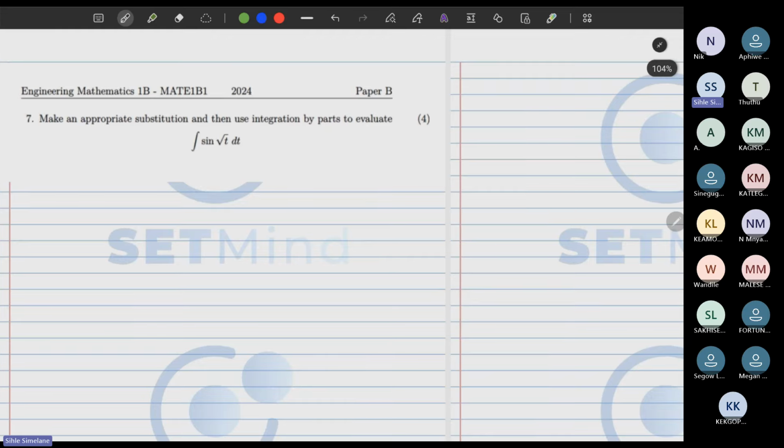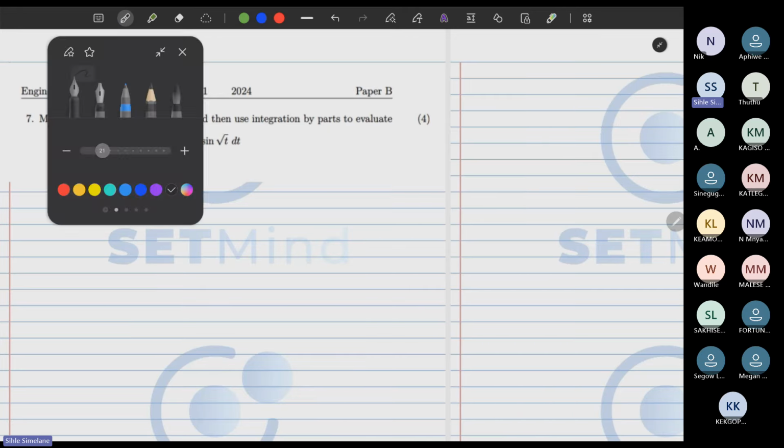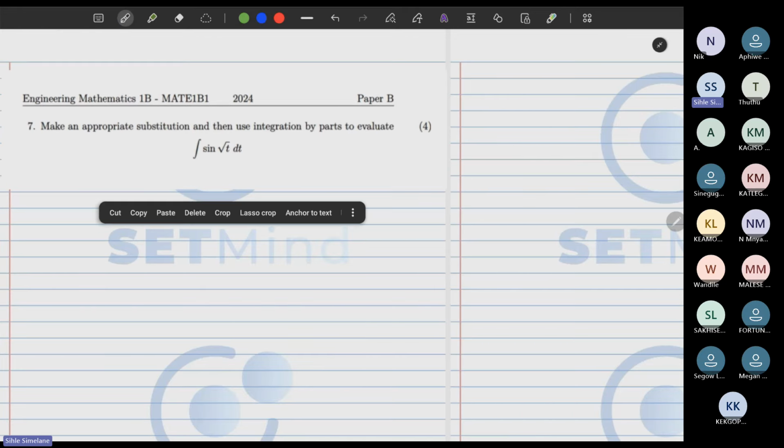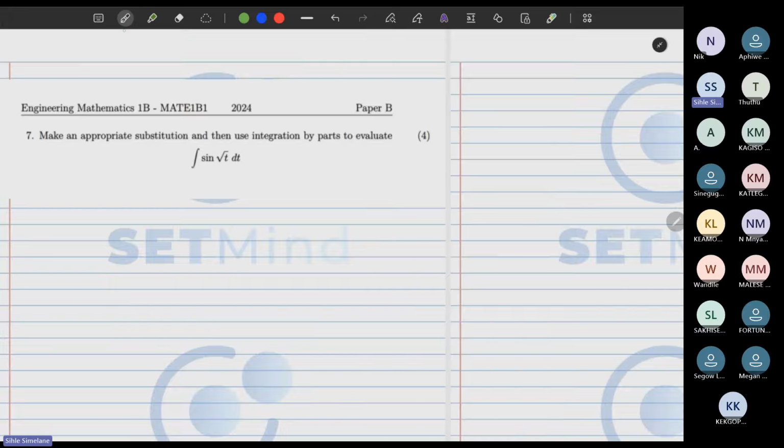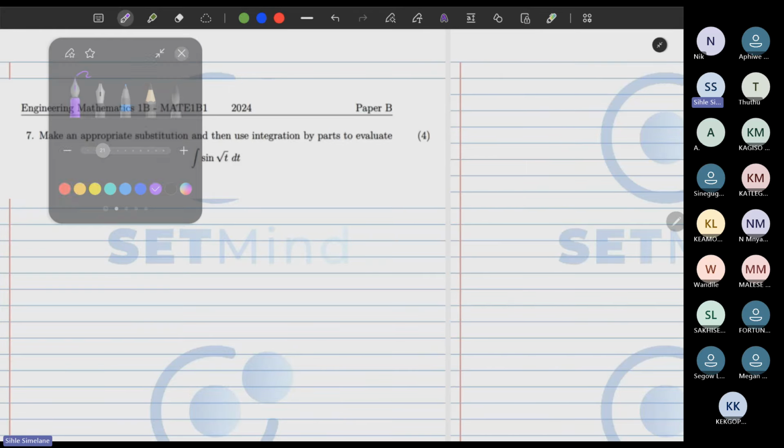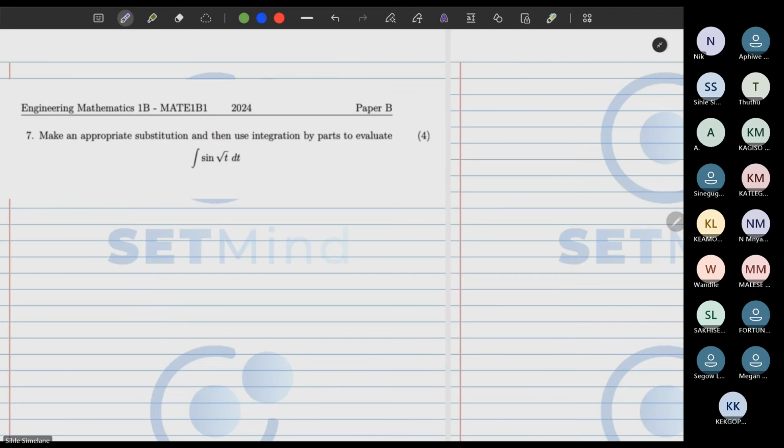And then we need to use integration by parts. For this one, guys, it's a very interesting question. What we know is that when we are dealing with angles, we are actually not used to integrating angles that have square roots.